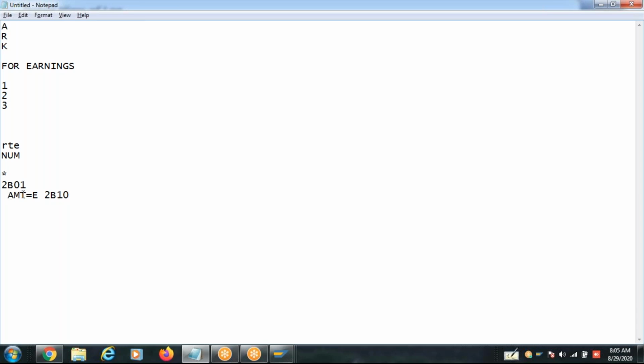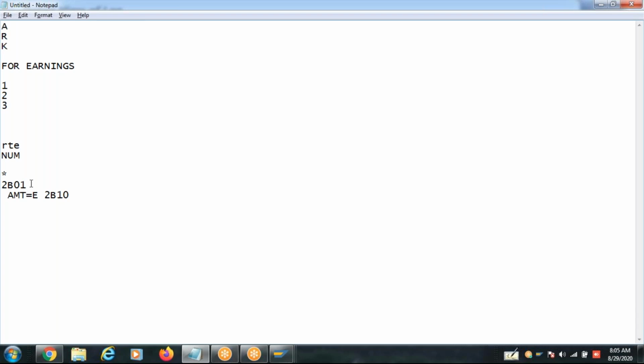So if I'm using it like this, whenever I'm referring to the amount field of one wage type from another table into our current wage type, that's where these splits play a very crucial role. Here there is no syntax issue, but the value may not be inputted or overwritten.